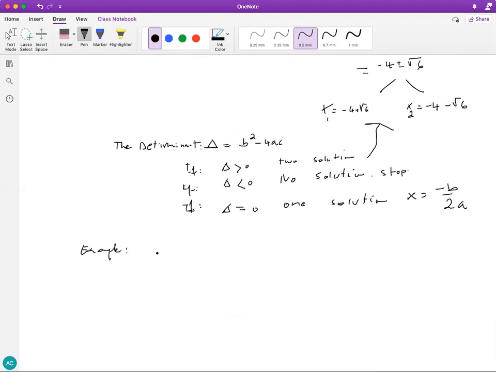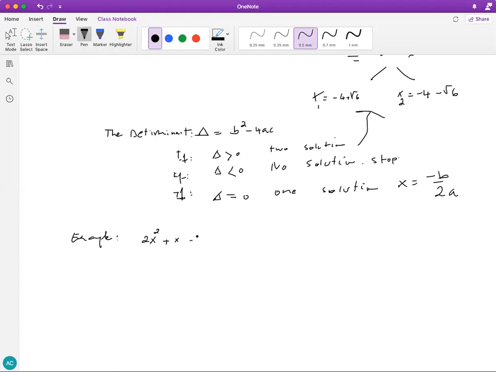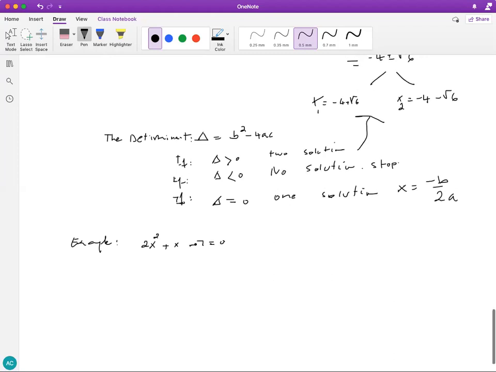Let me give you one last example here. Another example. So let's say 2x squared plus x, maybe something like this. Or maybe not a minus, probably a plus.